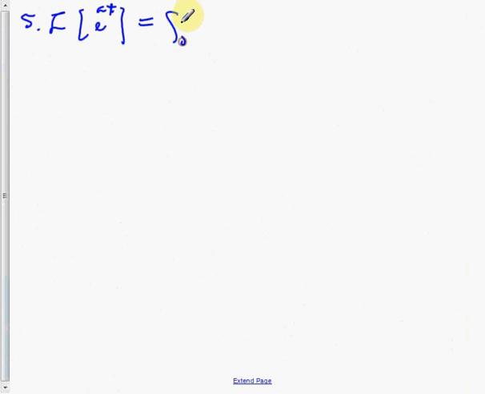So this is the integral from 0 to infinity of e to the at, where a is some number, times, by definition, e to the negative st dt. So this is the integral from 0 to infinity of e to the a minus s times t dt.